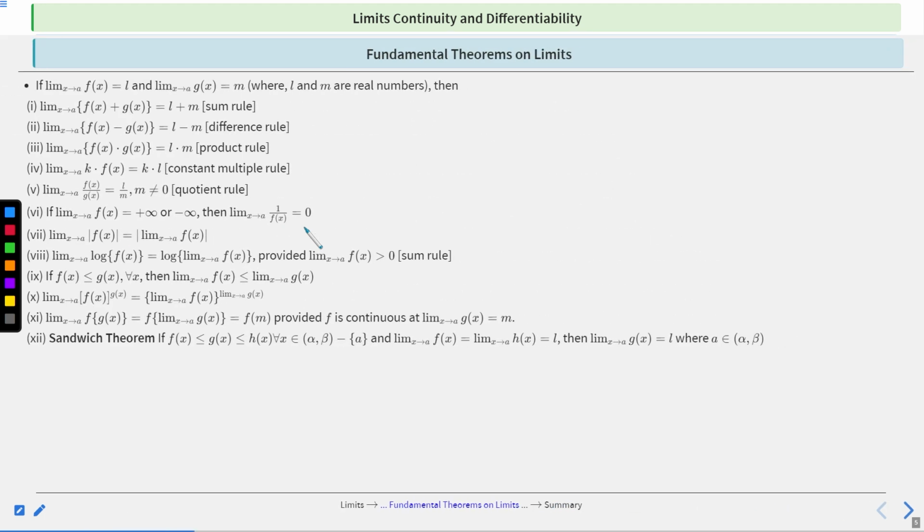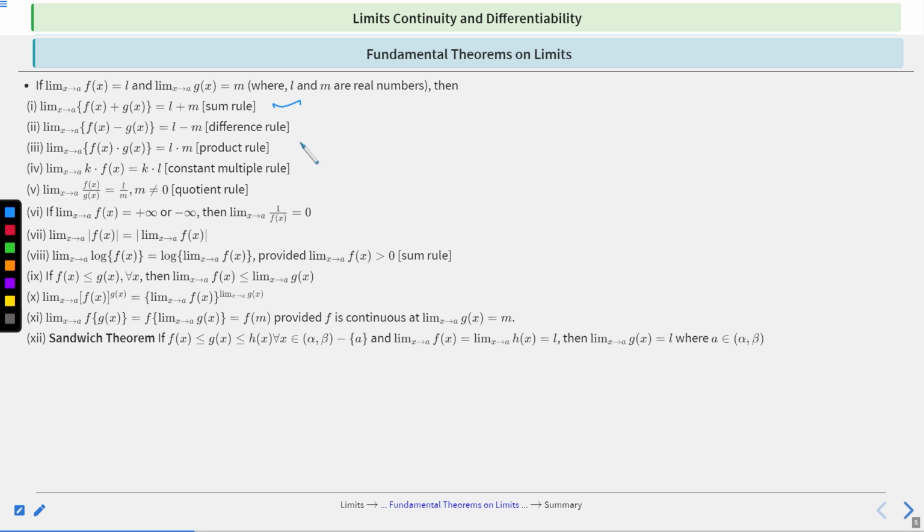Now let's move to the fundamental theorems on limits. If limit x tending to a f(x) is equal to L and limit x tending to a g(x) is equal to m, where L and m are real numbers, then first, limit x tending to a f(x) plus g(x) is L plus m, which is called the sum rule. Next is limit f(x) minus g(x) is L minus m, which is the difference rule.